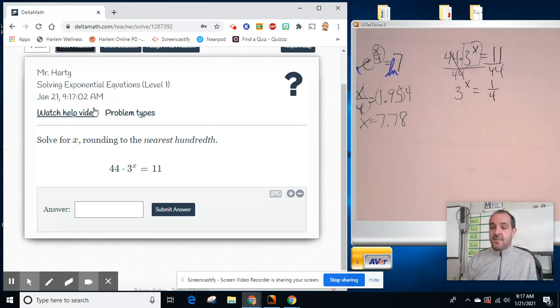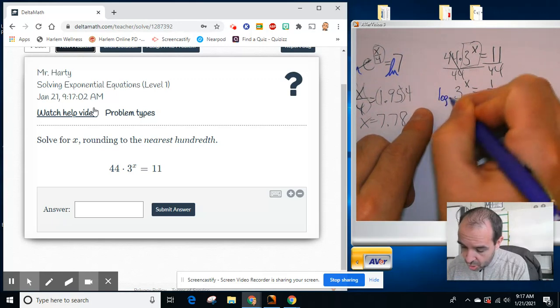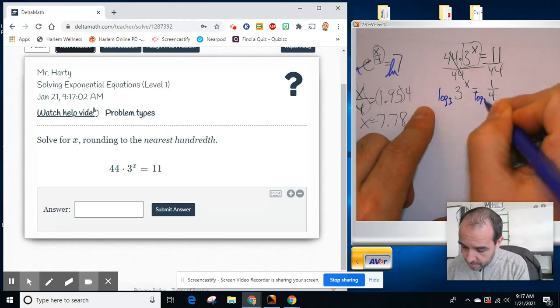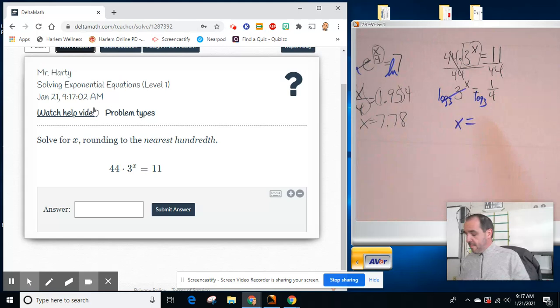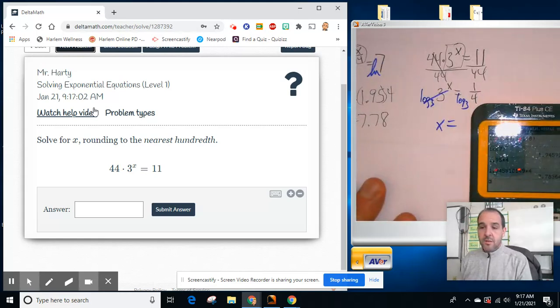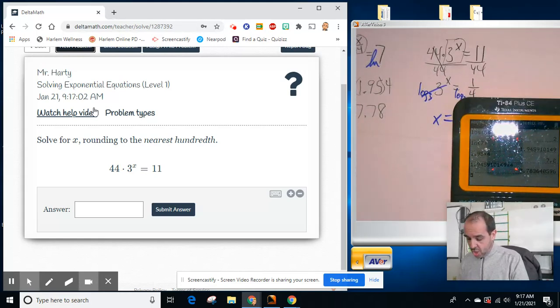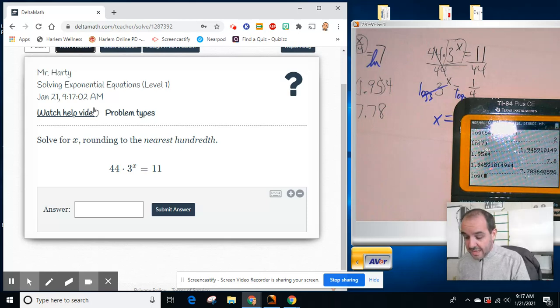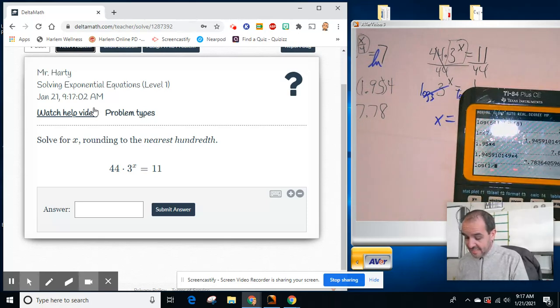Okay, this isn't 3x, it's 3 to the x power. The inverse of a base is its logarithm. And over here, remember, that's change of base. So what's change of base again? Log big, and in this case, that's the 1/4.